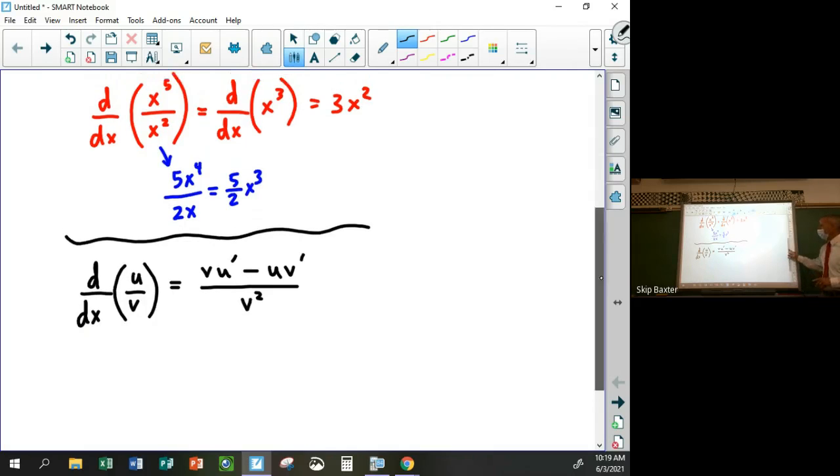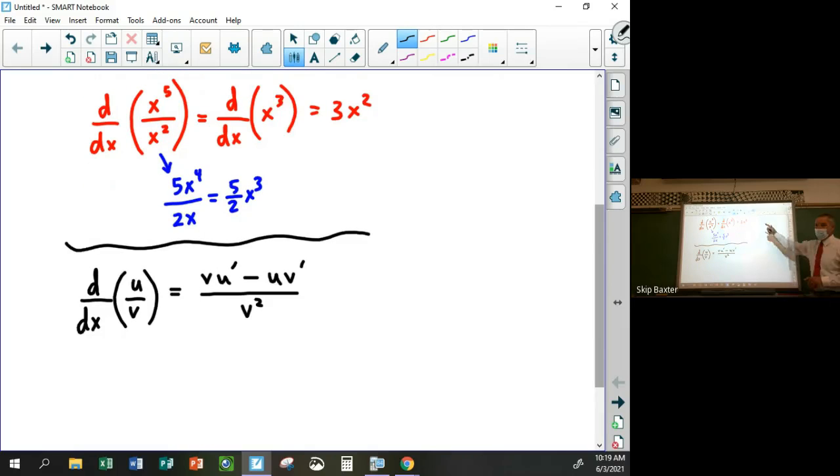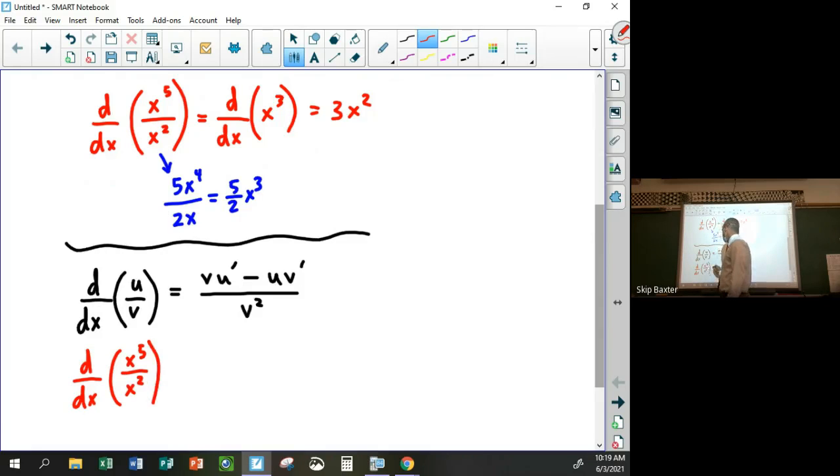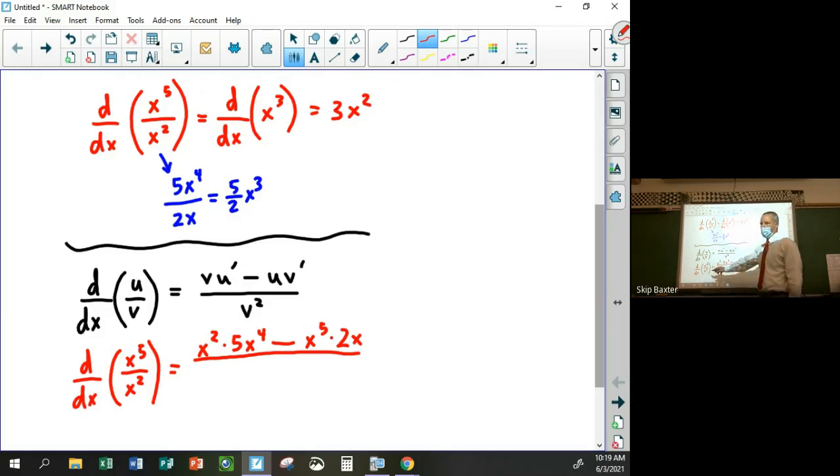the bottom squared. So let's just verify it using this example that we just did, just to verify that it works. So the derivative of x to the fifth over x squared, according to this quotient rule, should be the bottom unchanged times derivative of the top, 5x to the fourth, minus top unchanged times the derivative of the bottom, which is 2x, over the bottom squared, which if you square x squared, you get x to the fourth.